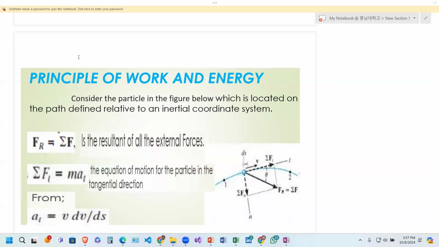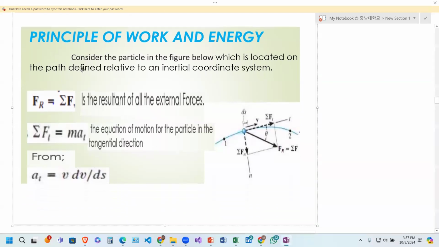Okay, let me dive into the principle of work and energy. Consider the particle in the figure below, which is located on the path defined relative to an initial coordinate system. Let's look at this particle, moving initially from position 1 to position 2, and there are forces that are summing up and causing the motion.